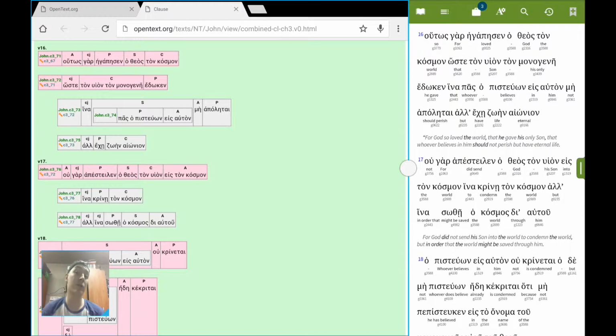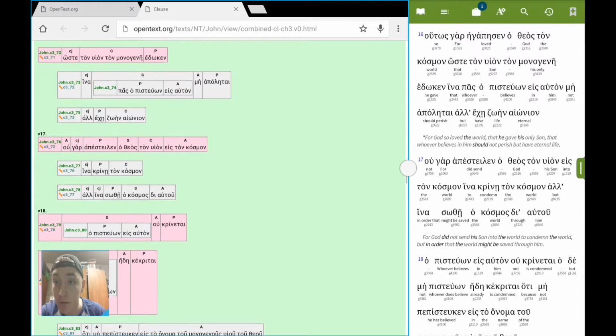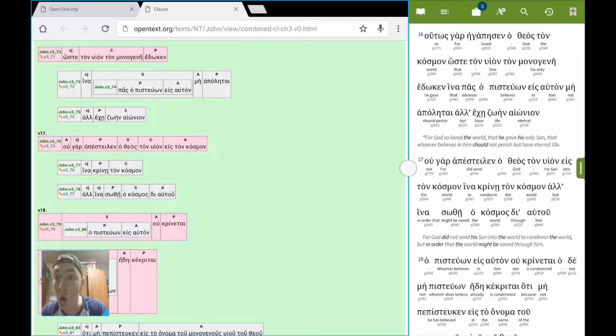The complement answers the question of who or what is being affected by the action. So let's piece this whole thing together. For the subject, God loved so much the world. And then moving down to the next part of this, we got hōste, which is a conjunction indicating a new clause. Also, the finite verb, the edōken, indicates a new clause.